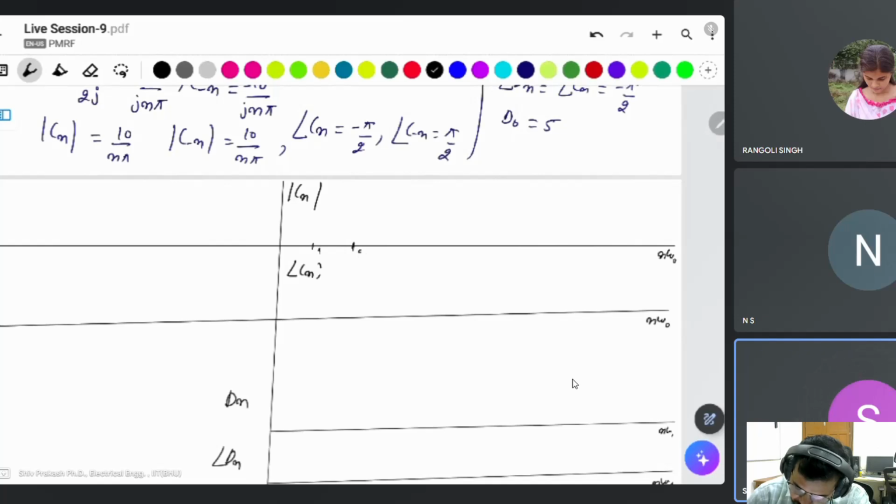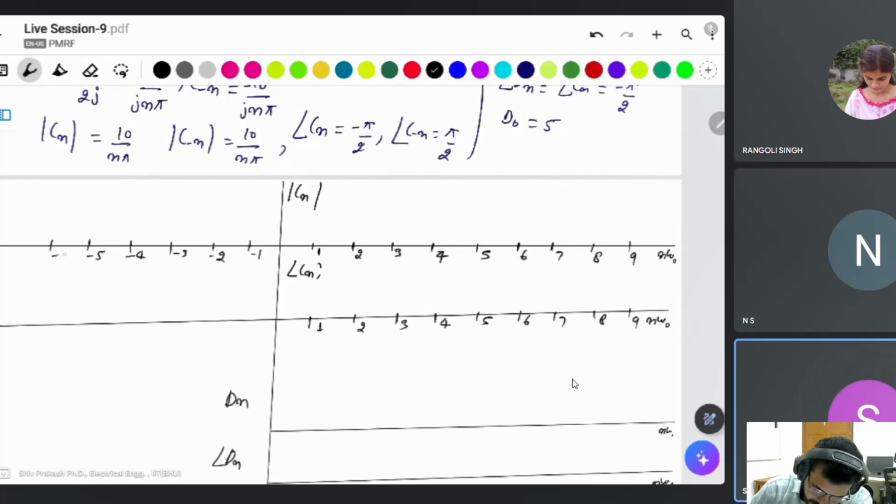Harmonics 1, 2, 3, 4, 5, 6, 7, 8, 9, and the same on the negative side, minus 1, minus 2, minus 3, minus 4, minus 5, minus 6, minus 7, continuing to infinity. This is 0.